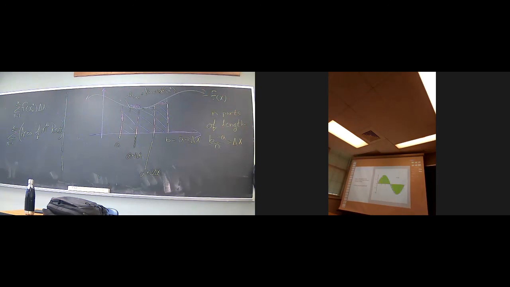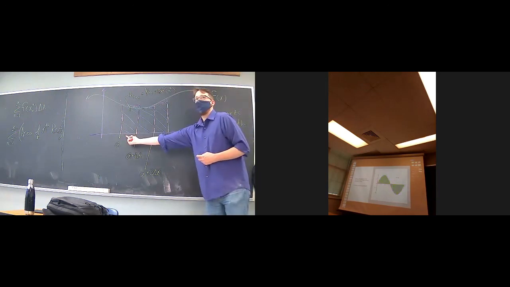If we take more and more rectangles, that means these widths have to get smaller and smaller, right? What does that sound like to you? The limit, right? The limit as delta x goes to 0. What's the limit of delta x going to 0? dx, right?